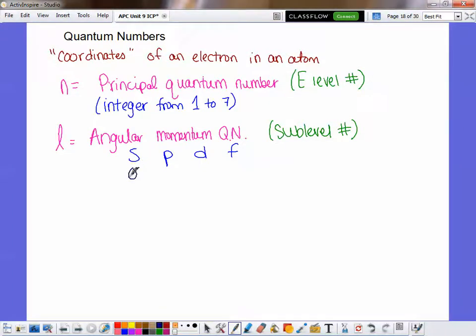S is 0, P is 1, D is 2, F is 3. So theoretically, L can be anything from 0 up to n minus 1.